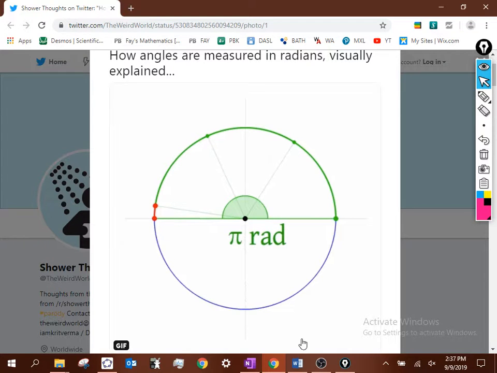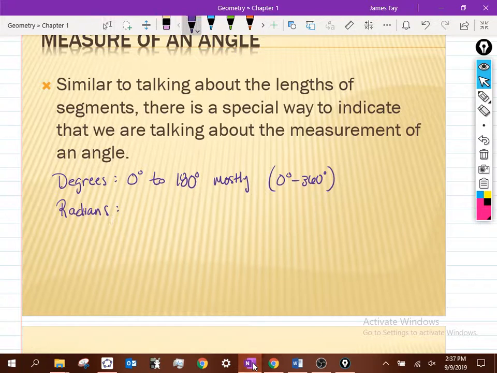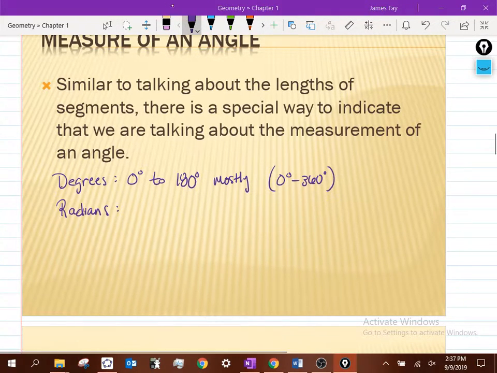If I want to go back and forth between radians and degrees, 180 degrees is equal to pi radians. Okay? That looks great on my screen.